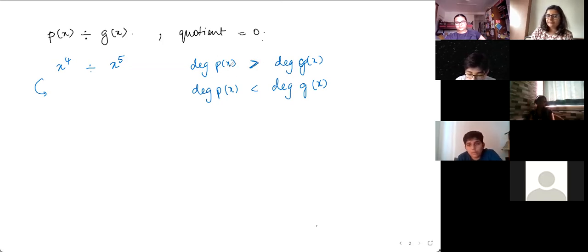If the degree of p of x is greater than degree of g of x, then in the first case suppose p of x happens to be x power 4 and the degree of g of x should be less than this, right? So let's say we are dividing this by x square. In this scenario, will you get quotient equal to 0?